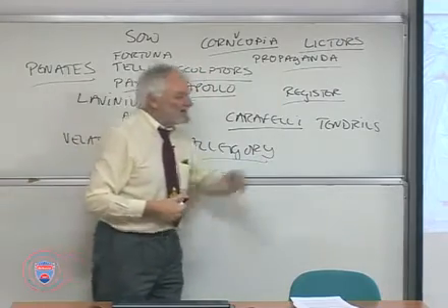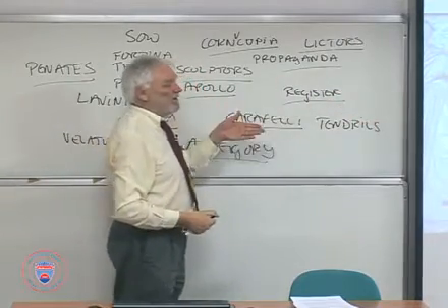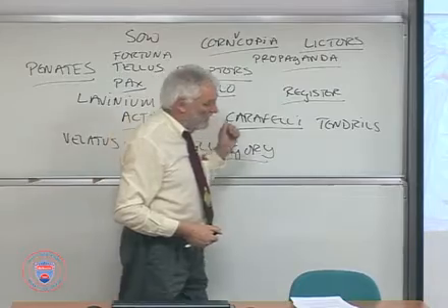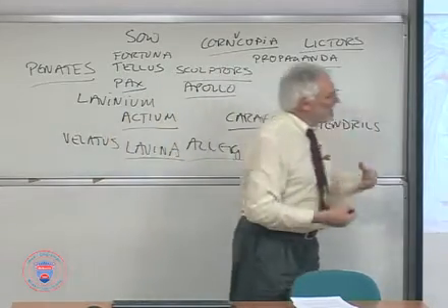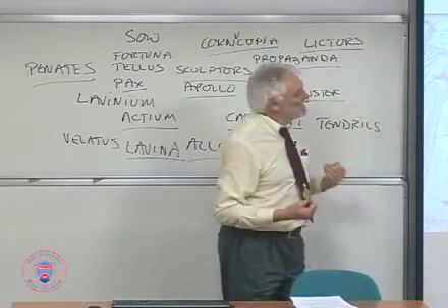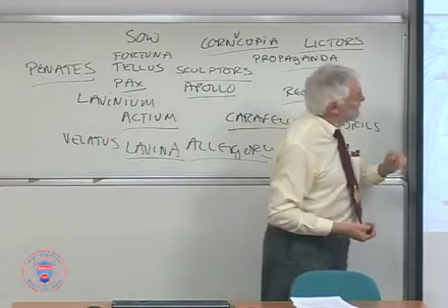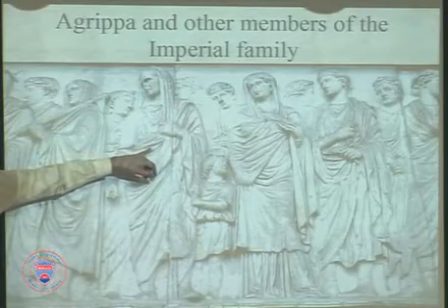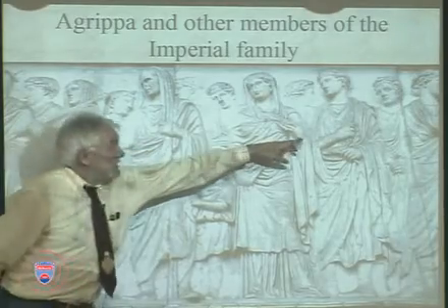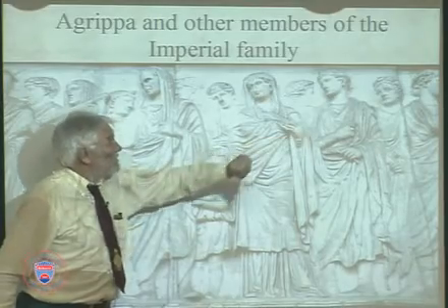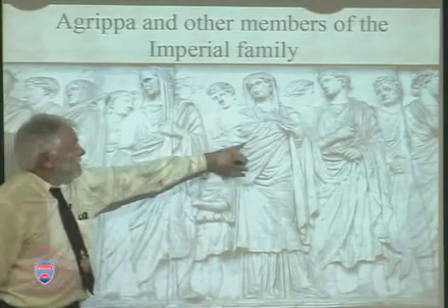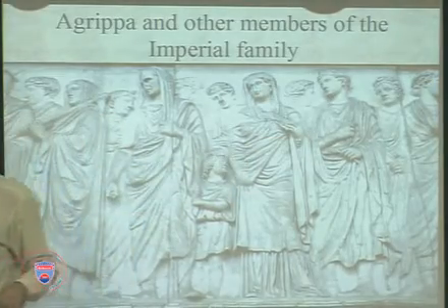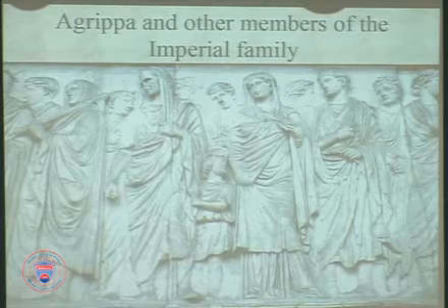So this scene had to have had Augustus at the front of it. That then allows us to start making possible interpretations as to who the other figures are. This is commonly believed to be Agrippa. That's commonly believed to be Tiberius, Augustus' stepson. This may be Livia. Well, that's possible.